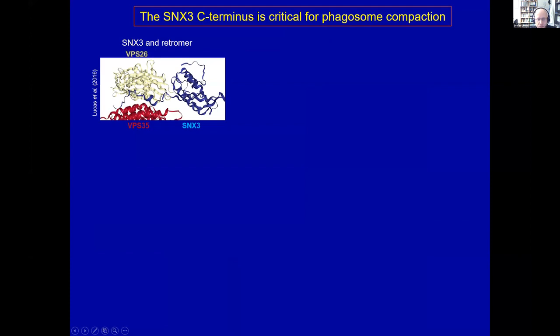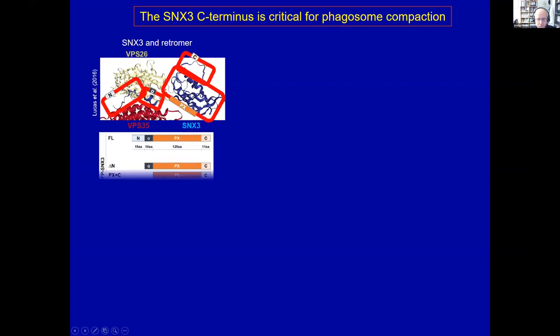What you see here at this end is a C-terminal extension of the SNCS3 that has been totally uncharacterized. And the large barrel that you see here is actually the folded phospholipid binding PX domain. So these are the different domains of the SNCS3.